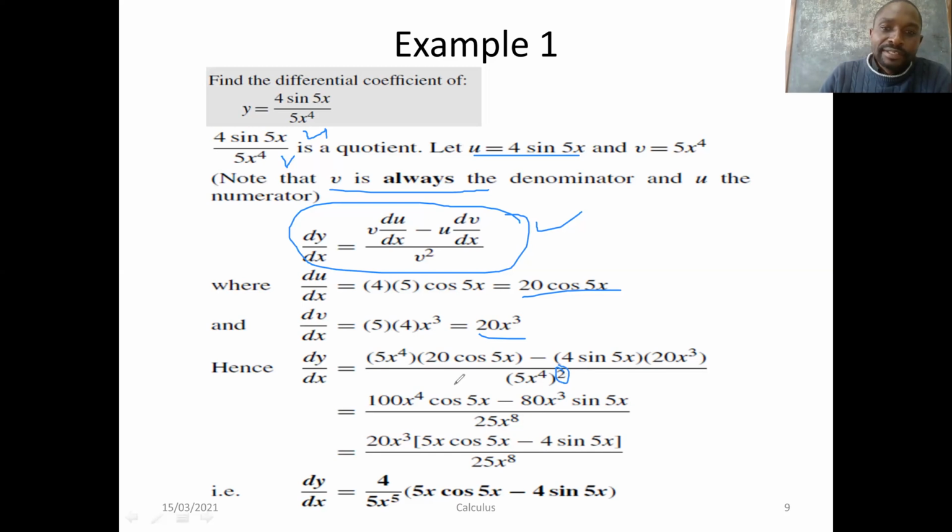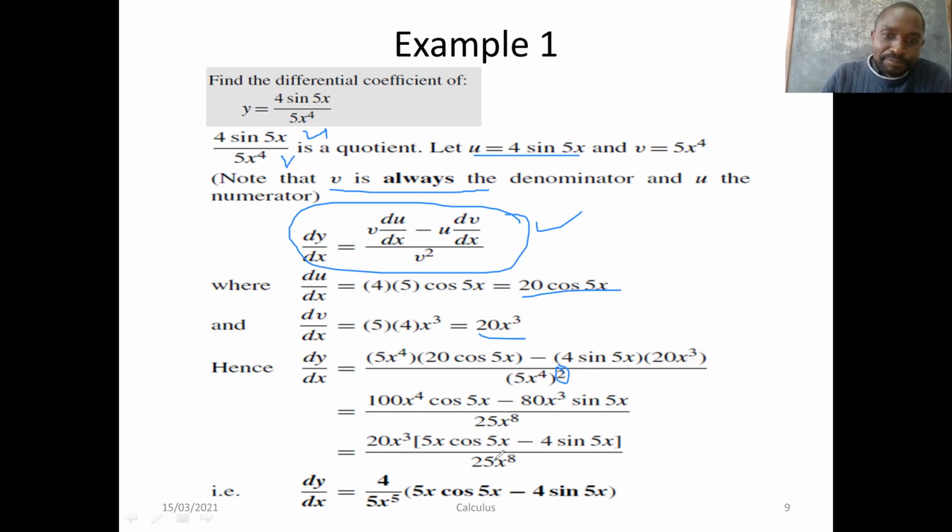And then simplifying this and factoring out the common denominator, you can have 5 times 20 there, giving us 100x to the power 4 cos 5x, minus 20 times 4, giving 80x to the power 3 sine 5x, divided by 25. 5 squared is 25, x to the power 4 squared is x to the power 8.